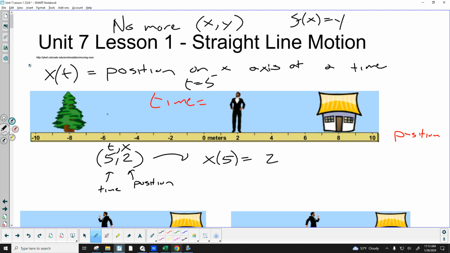What if the dude ended up here 4 seconds later? Can you please list off that point, both as a point and as an x of blank equals blank? Time is 9 on the stopwatch, and here's where he's located.